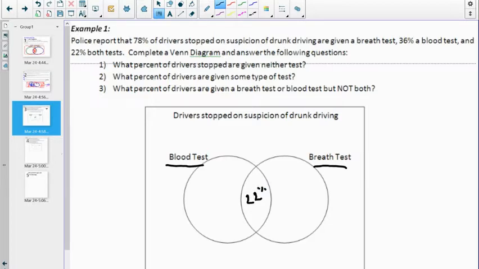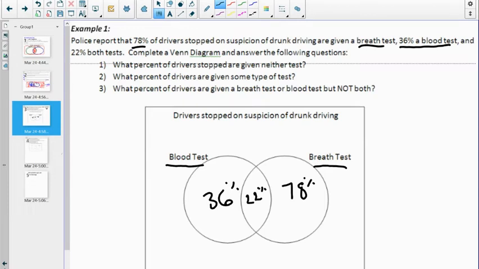Now, here comes what some people make the common misconception to do. 78% of drivers stopped are given a breath test, so some people might think to just fill in this as 78% and then 36% for the blood test. But when you add all of those up together, it's going to be over 100%.